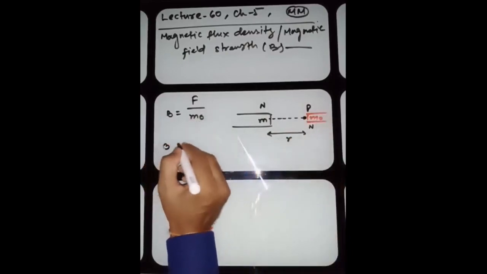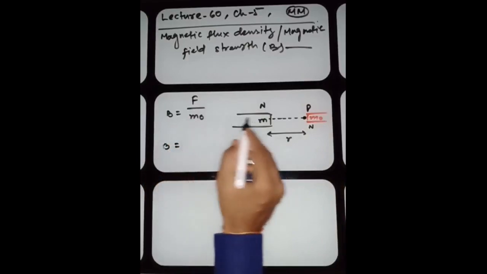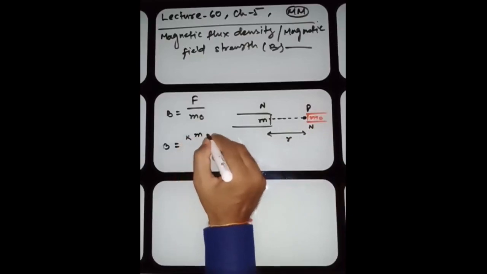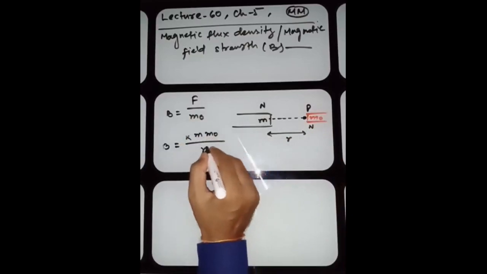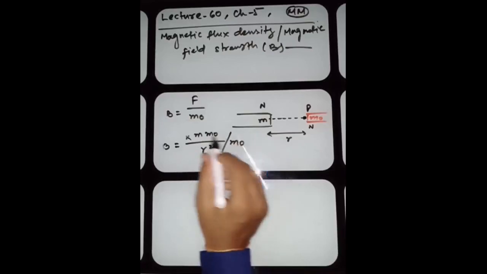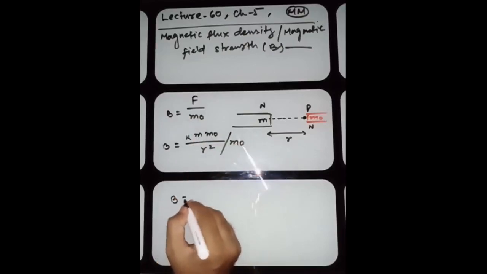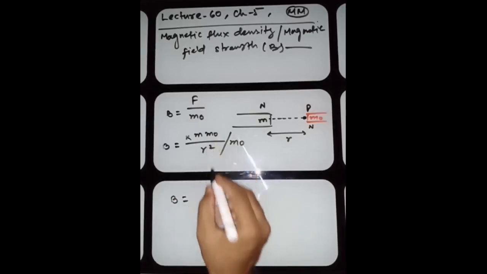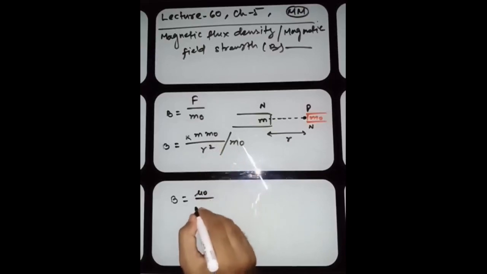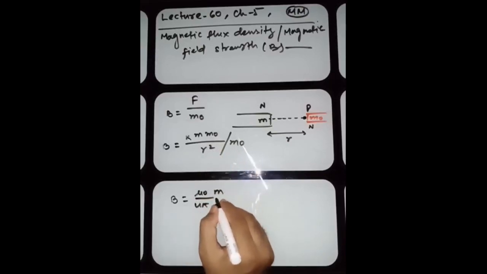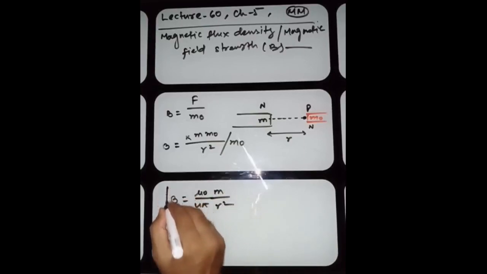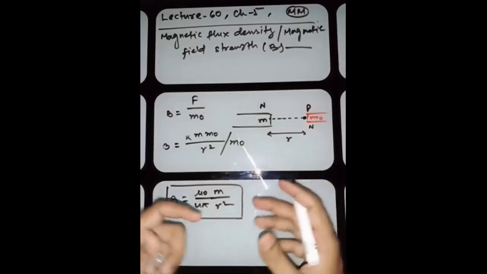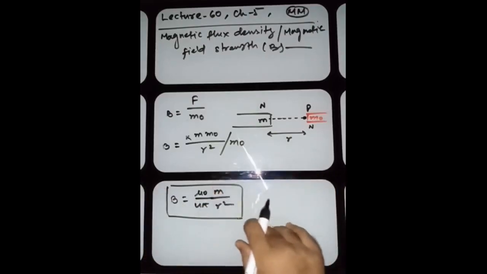Here we can obtain B. The force between these two can be written as K M M0 divided by R square, divided by M0. So the M0 cancels out, and the field strength is mu naught by 4 pi M divided by R square. This is quite easy to obtain.